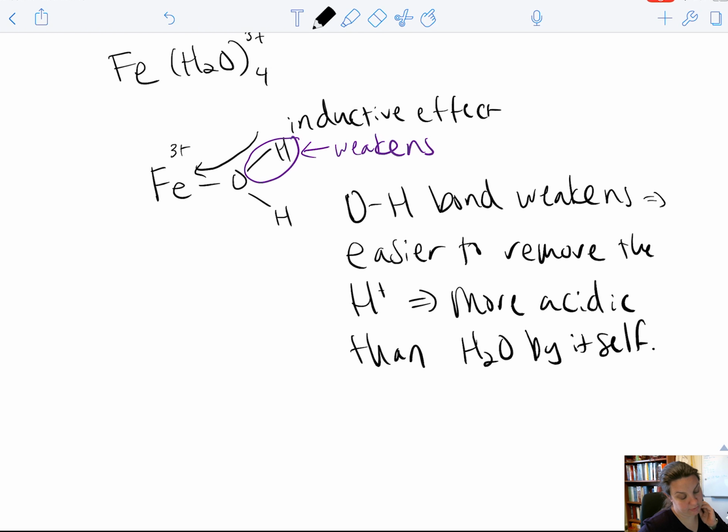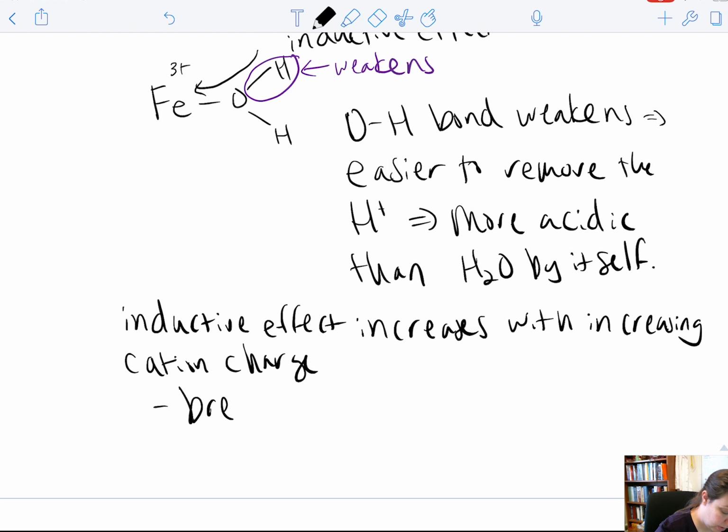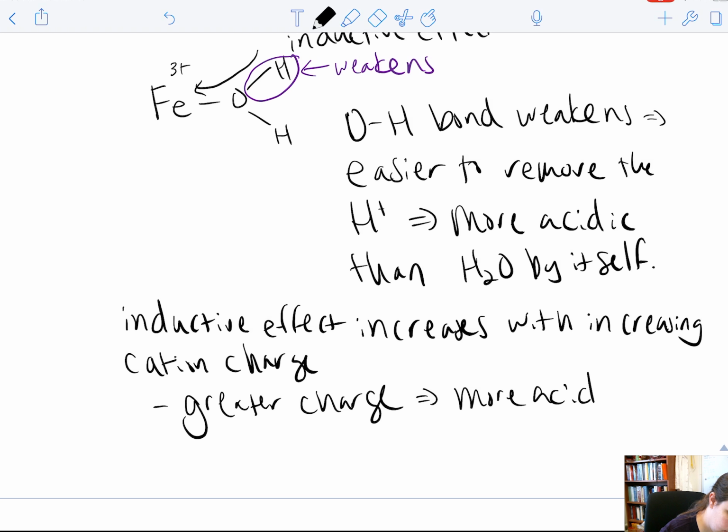This effect is going to increase with increasing cation charge. So, greater charge, more acidic, more acidic hydrated cation.